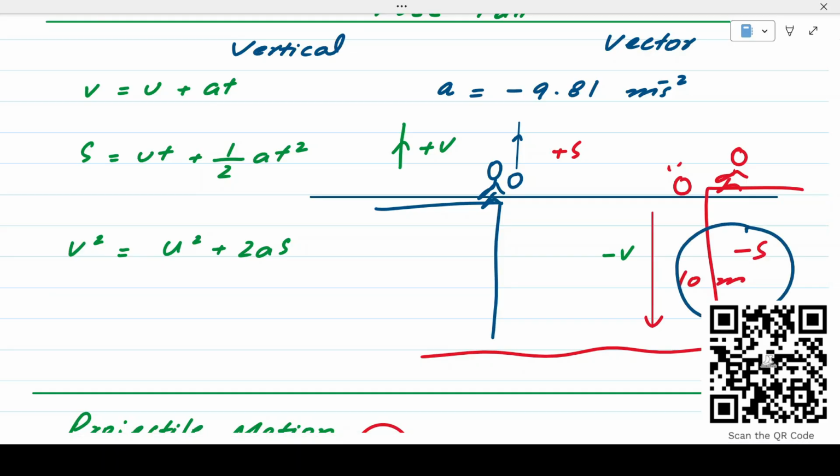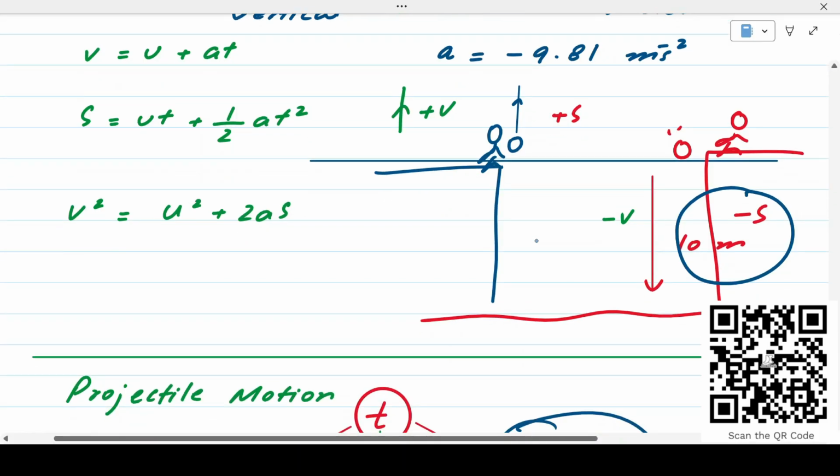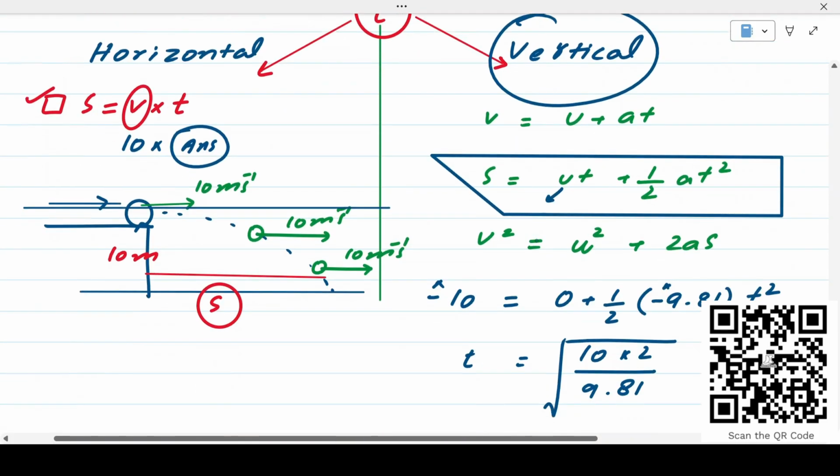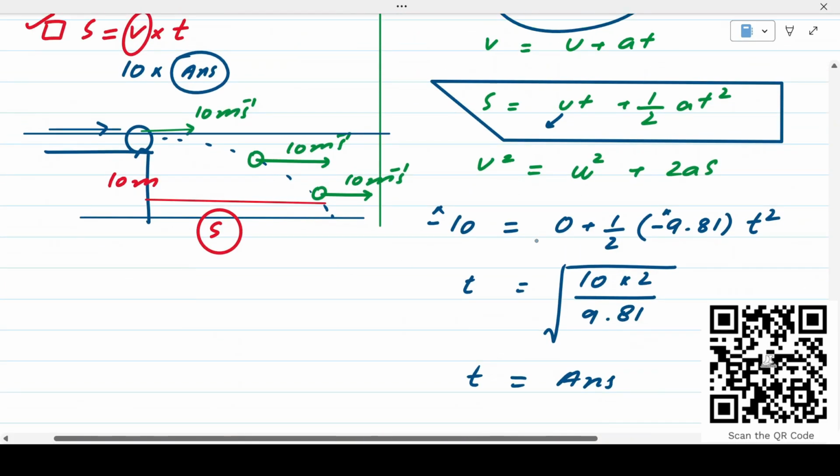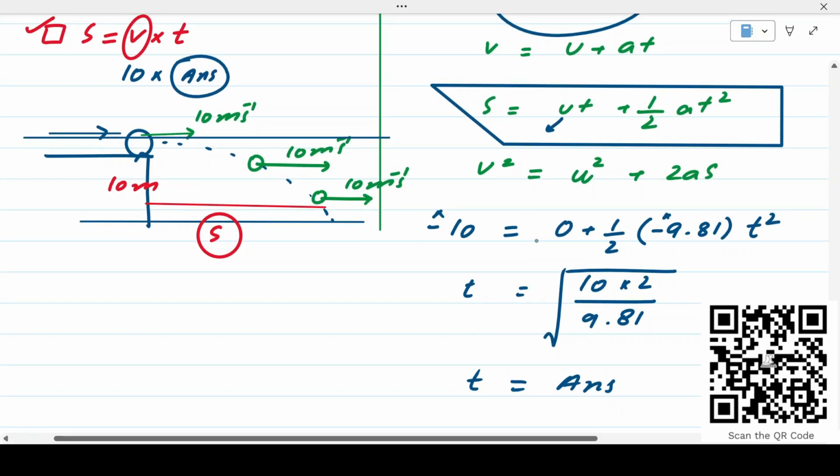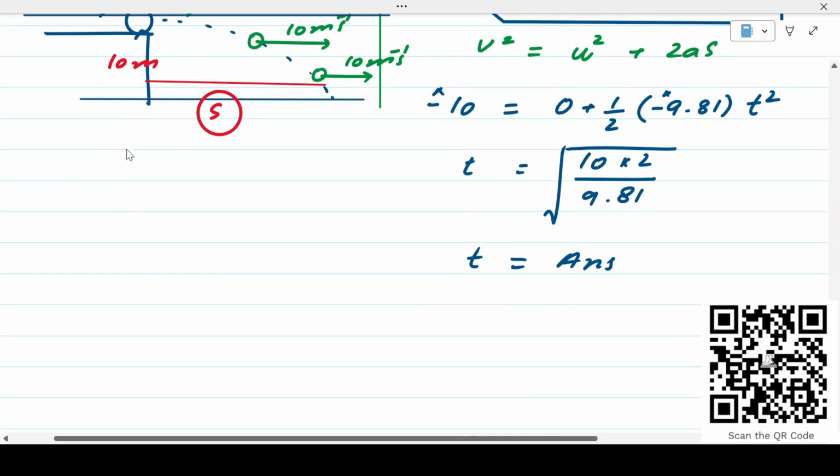I know many of the questions you can solve by taking it positive and taking G also positive, but those methods have limitations. The proper method is, if the object goes below the reference, displacement is negative, but G would always be negative, or acceleration would always be negative.